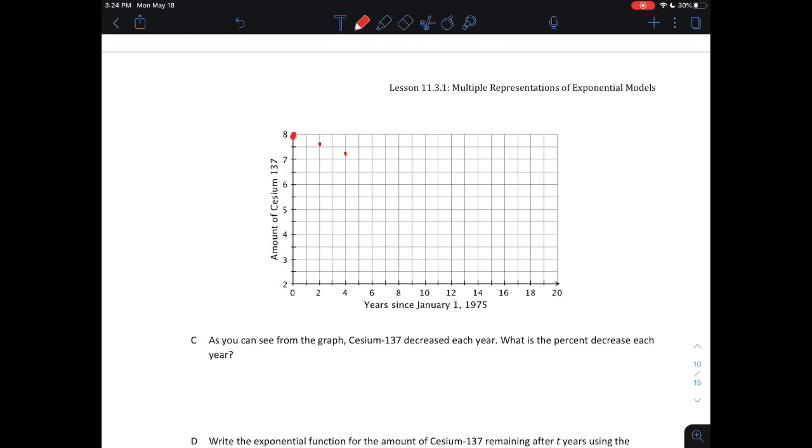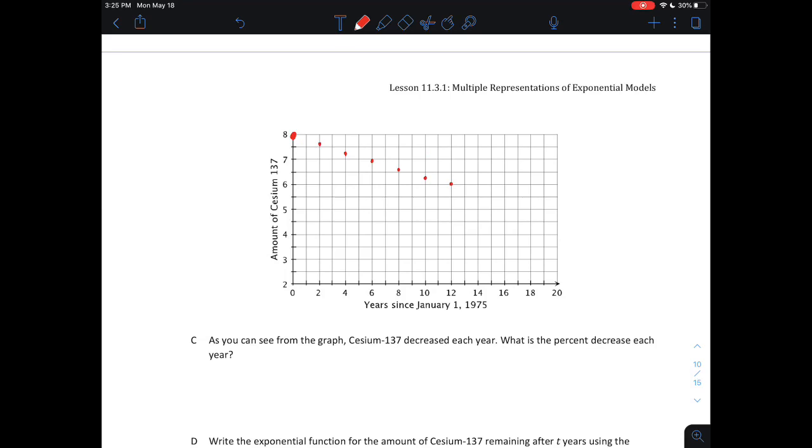At 6, 6.964, that's just about 7. 8, 6.650, just above 6.5. 10, 6.350, that's just below 6.5. 12, 6.063, that's just right above 6. T equal 14, 5.789.